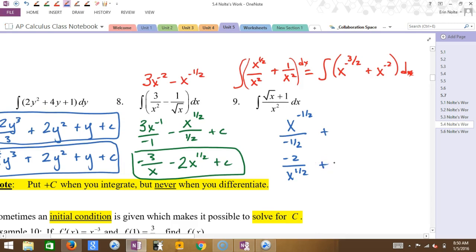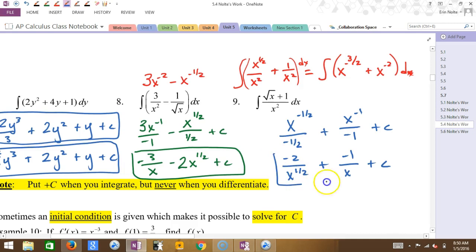Okay, what's the integral of x to the negative 2? Good, so x to the negative 1 over negative 1, and how would I write that correctly? Basically flip them, yeah, so negative 1 over x.